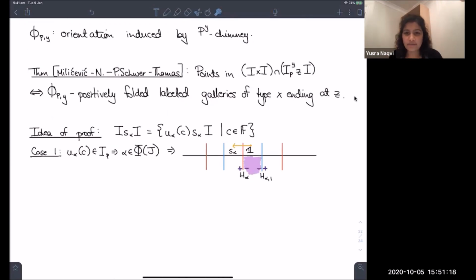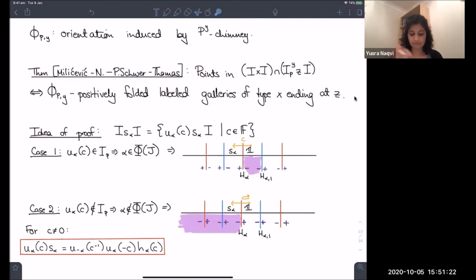I was going to give an idea of how you prove this. Let me actually just write down my full reveal of the idea of proof, but in the interest of time, I think I may have to skip this over. The way that you would prove this and show this association is basically by considering the different types of roots you have, the ones that are associated to the parabolic subgroup indexing P and the ones that aren't.